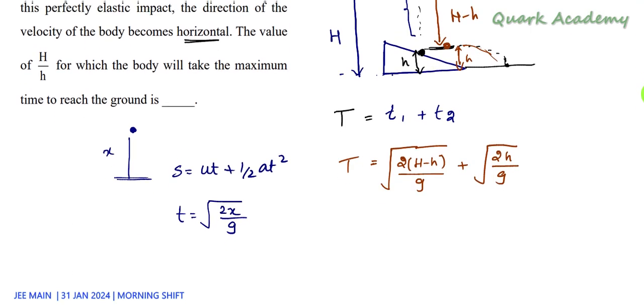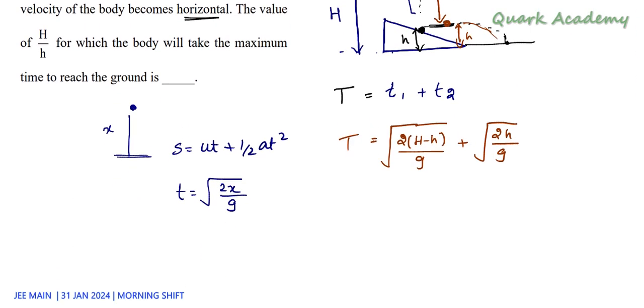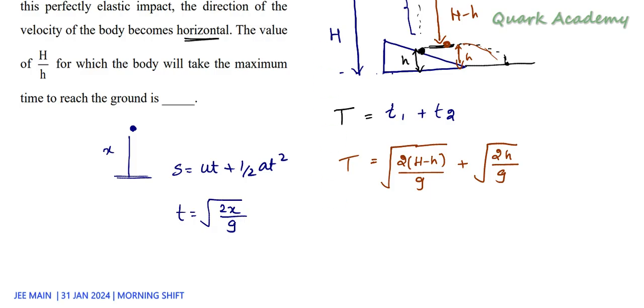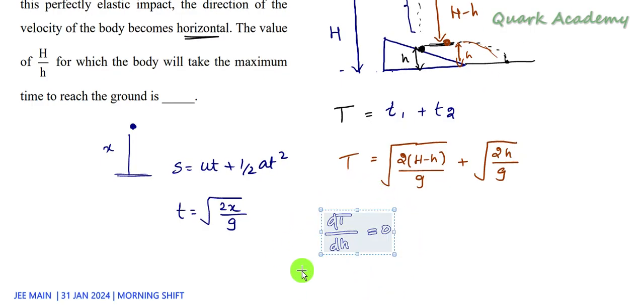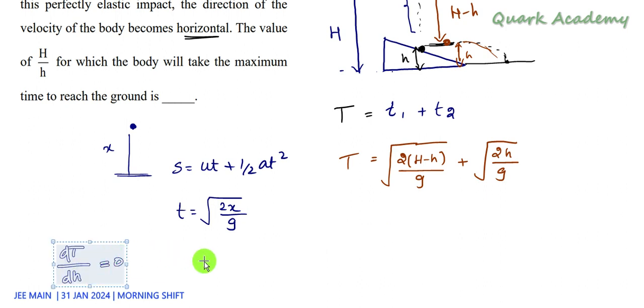Now we need to maximize this time. So this time depends on only one variable, that is this small h, right? So we can differentiate this time with small h and equate it to 0. When we do this, we can get the ratio. So let's differentiate dt by dh.